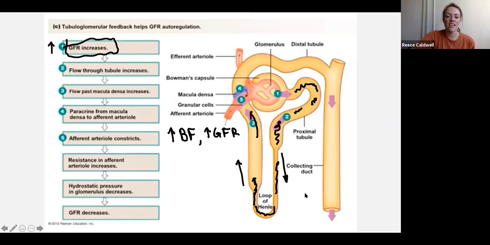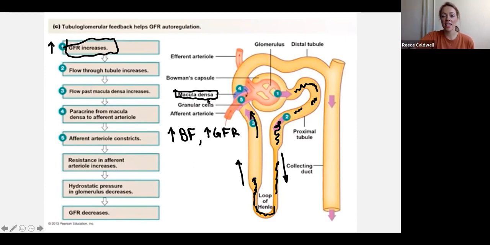These specialized cells that surround the tubule are called the macula densa cells, and they are going to detect that increase in blood flow.